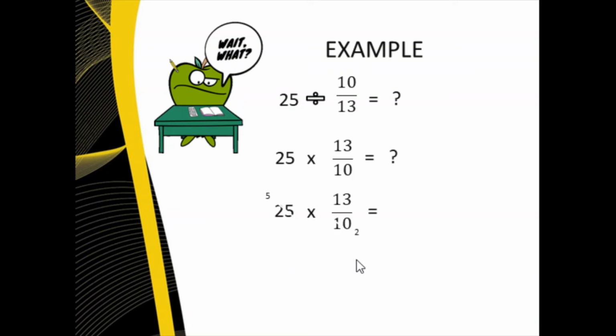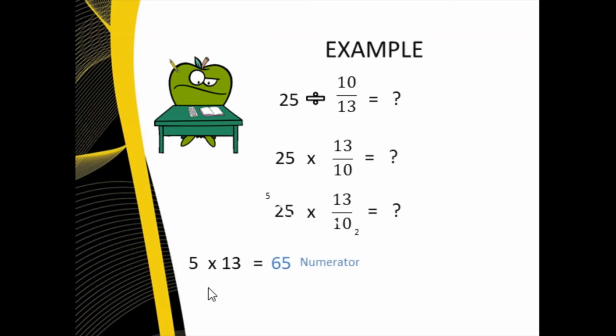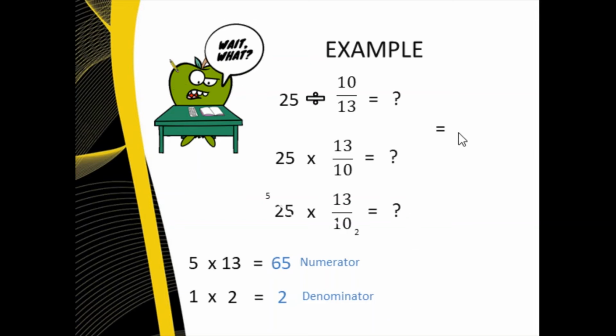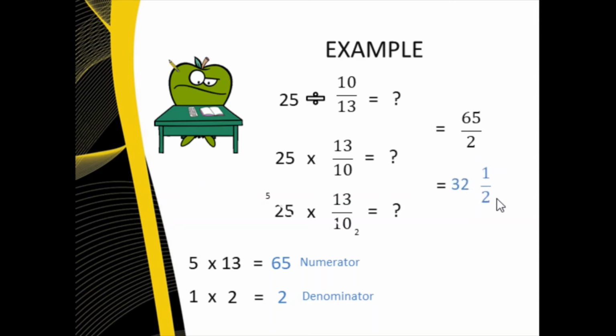Next, 5 times 13 is 65. 1 times 2 equals 2. That's our denominator. In short, it's 65 divided by 2, or 32 and 1/2. On the next slides, you will know how to change improper fraction to a mixed number.